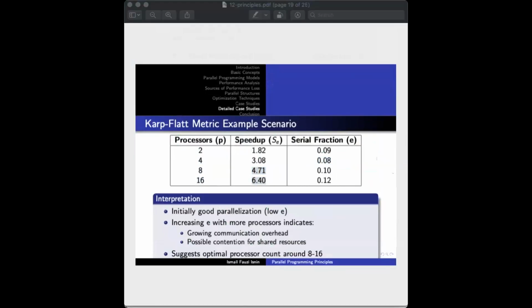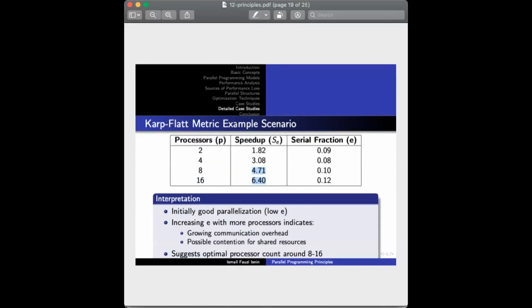How do we interpret all these results? The initial low value of e tells us that our core algorithm was parallelized very well.